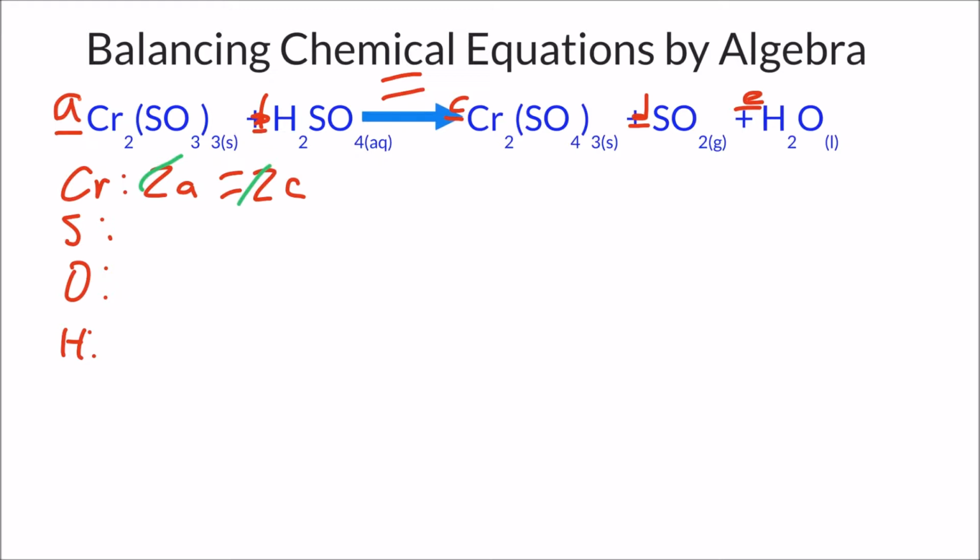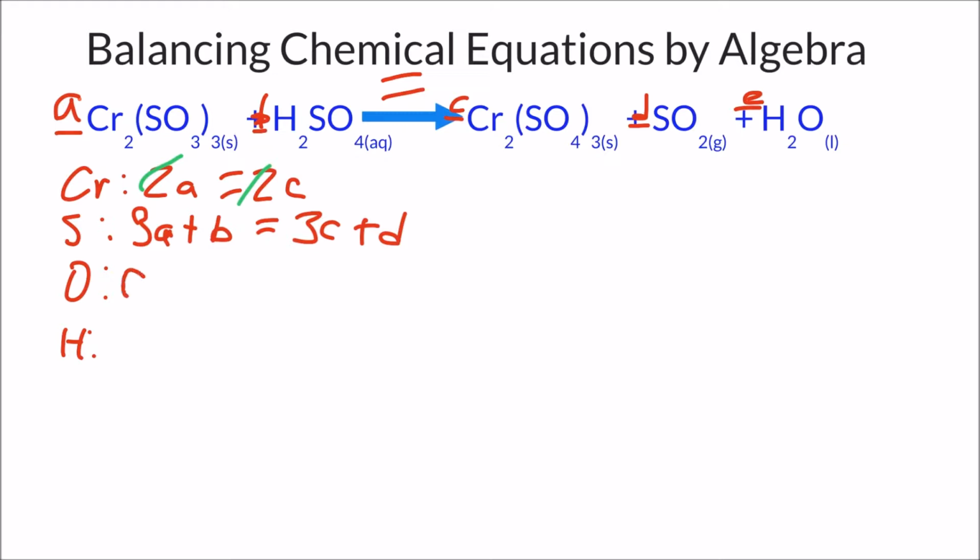Okay, so then we can do sulfur's equation. So there are 3 sulfurs in the A term, then we have 1 sulfur in the B term, and we have 3 sulfurs in the C term, we have 1 in the D term. Okay, oxygen.